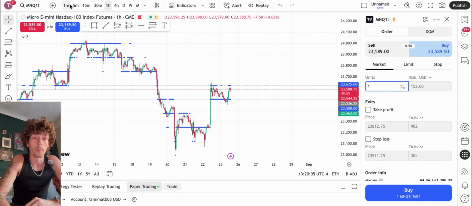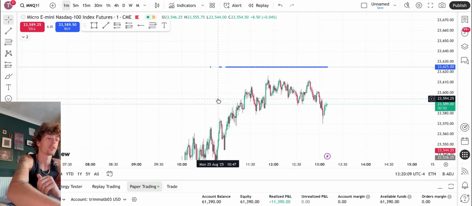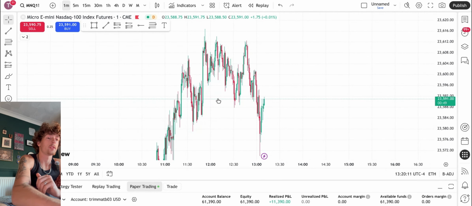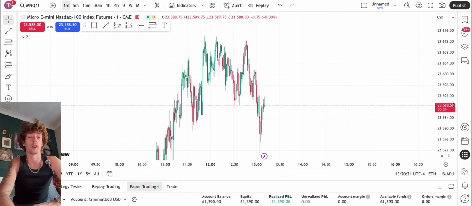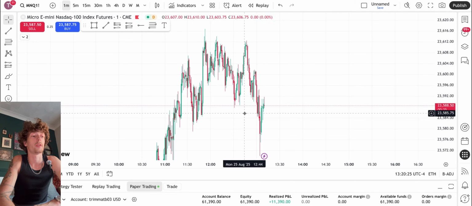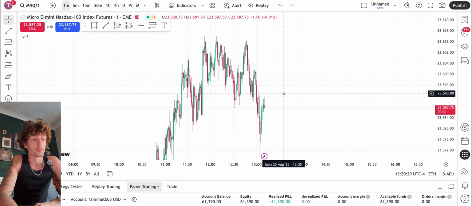So if you come here onto the 1 minute chart, zoom it out. This is the 1 minute chart, right? You can see here at the numbers, it's currently on 23,559.75, right? Now it's gone on to 50.50. Now it's dropped the number down 75.